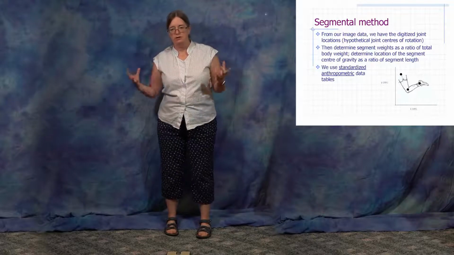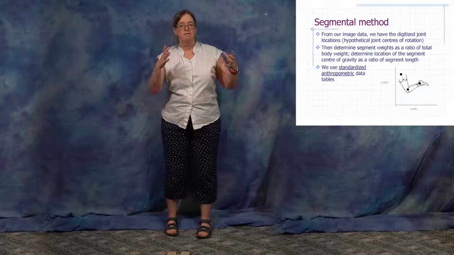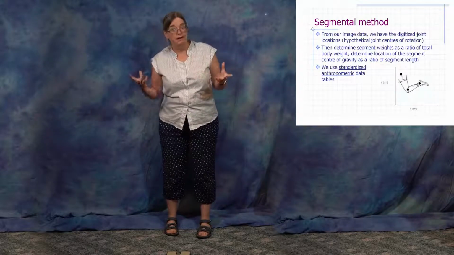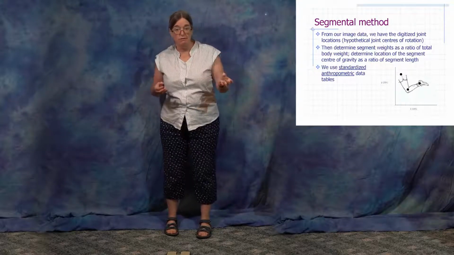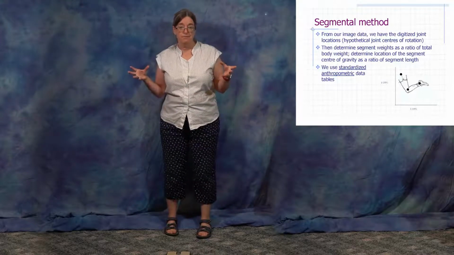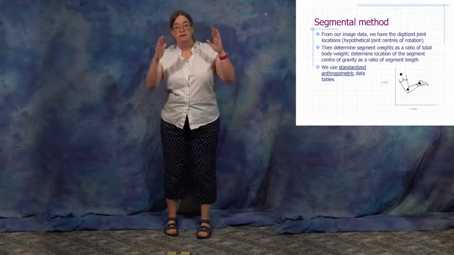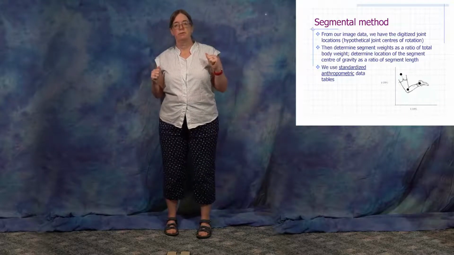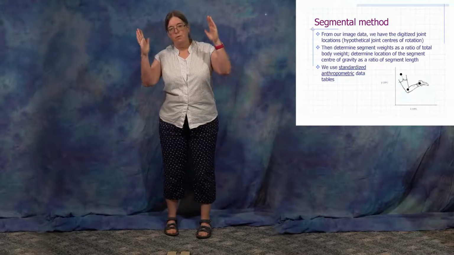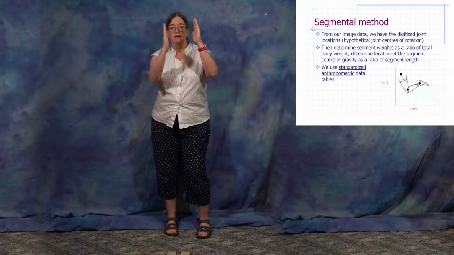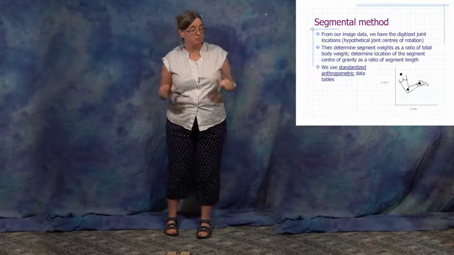In the past, using various techniques, they have figured out what percentage of a body mass one hand, one foot, a head is, and they have figured out from our segment length, from a knee to a hip, for example, what percentage of the distance along that segment would be the center of gravity of that segment.